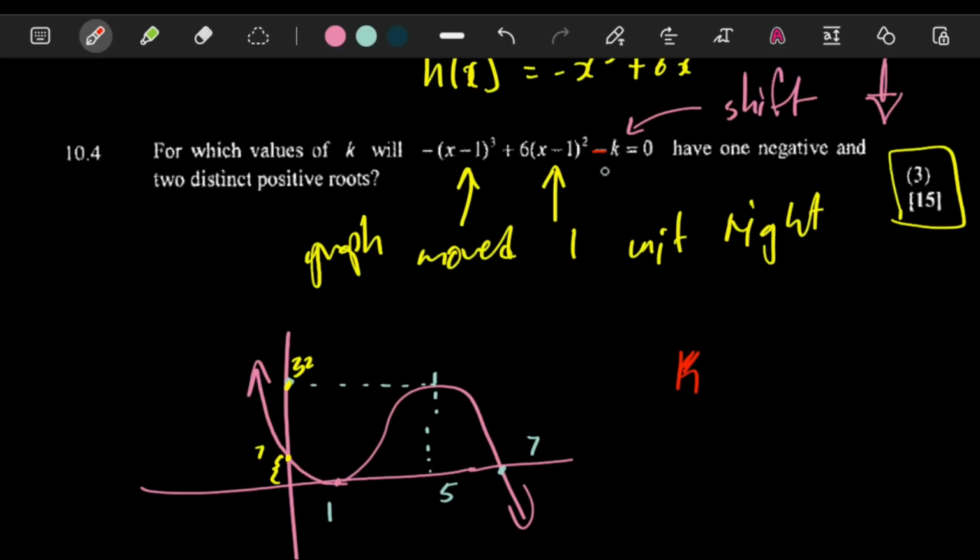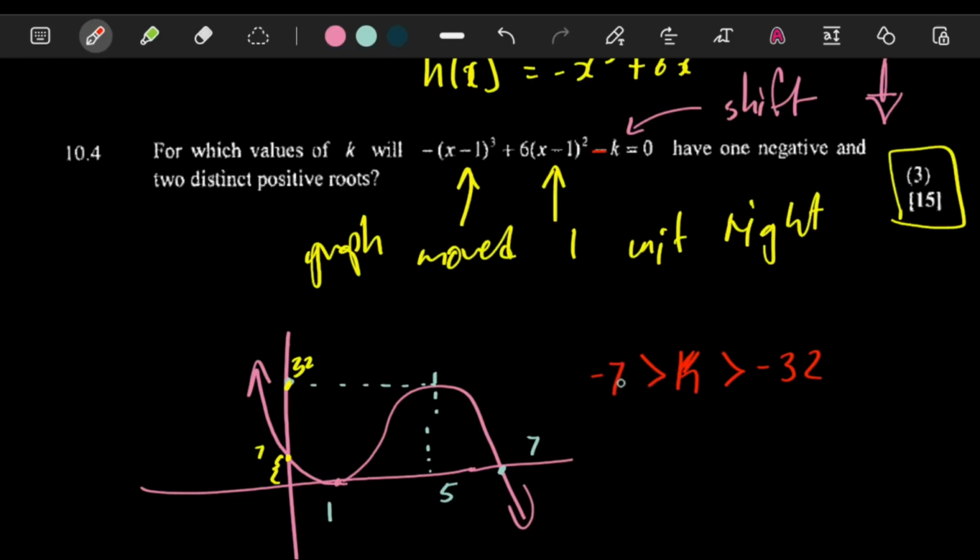So for it to move downwards a maximum of 32 units, you are going to need to say k has to be bigger than negative 32, and then k has to be smaller than negative 7.